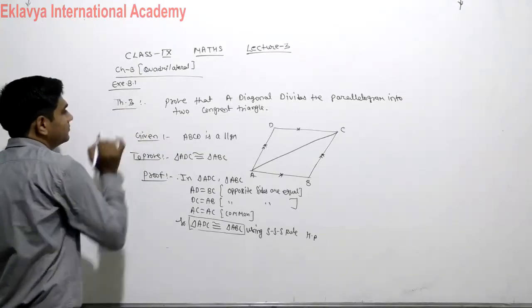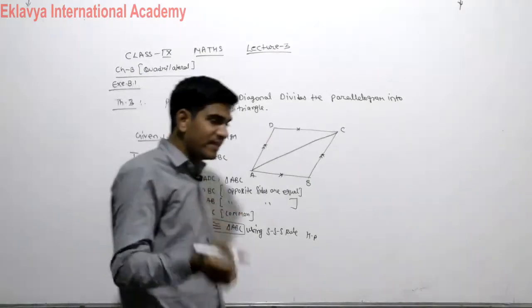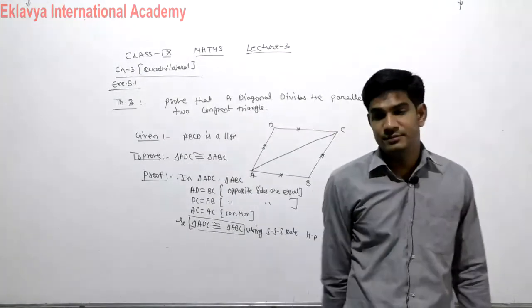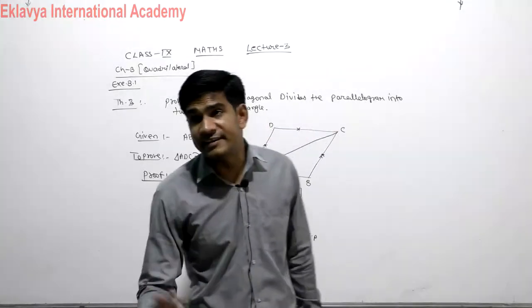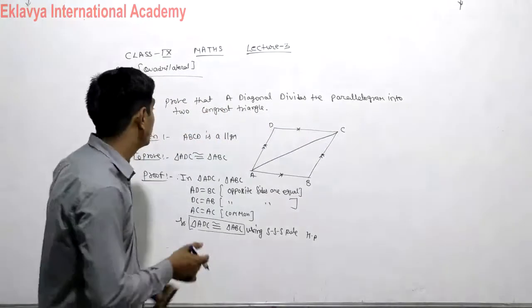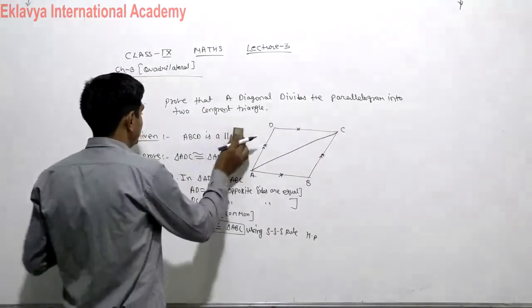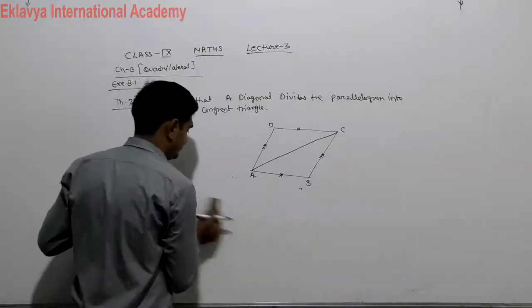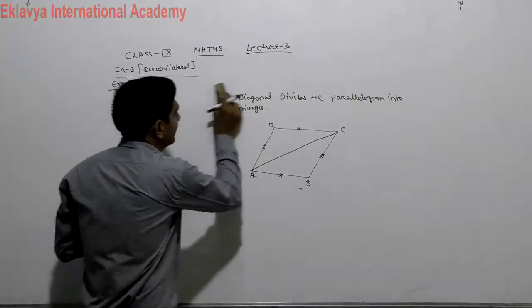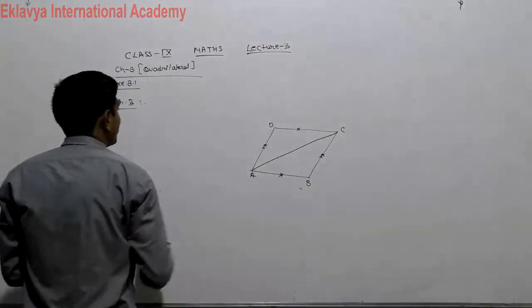Third one: prove that in a parallelogram their opposite sides are equal. So how will we prove it? Third theorem is that we have to prove their opposite sides are equal.